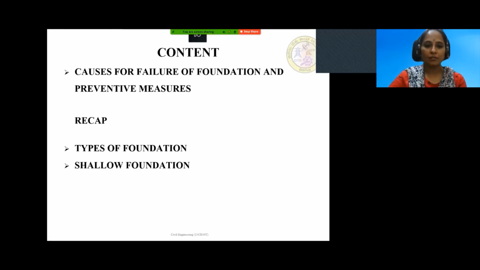And in shallow foundation, we studied four different types: spread footing, combined footing, strap footing, and raft footing. The spread footing is divided into three main types: wall footing, column footing, and arch footing.